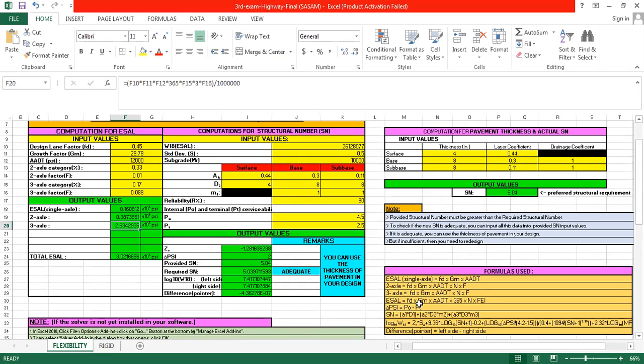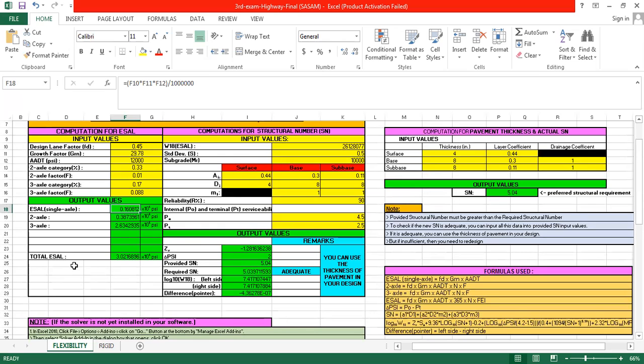While for the three axle, we need to use this formula, which is FD times GRN times AADT times N times F, which results to this one. And also the single axle, which is the FD times GRN times AADT.